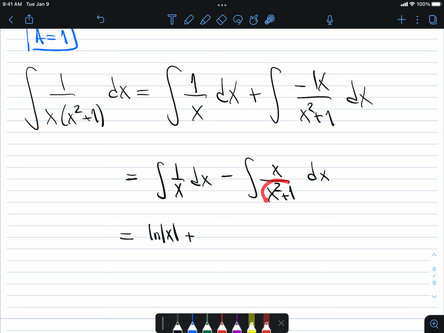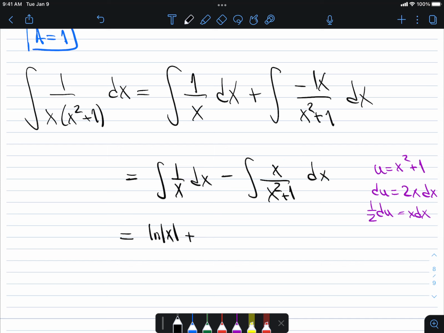You just have to make a u substitution. So if you call u equal to x squared plus 1, then du is 2x dx. So 1 over 2 du is x dx. So you can write this x dx here as 1 over 2 du.